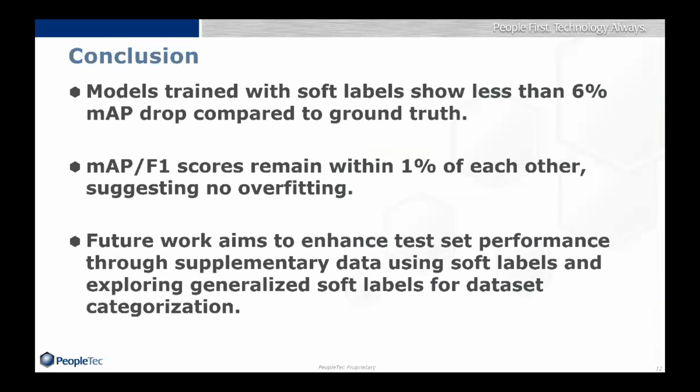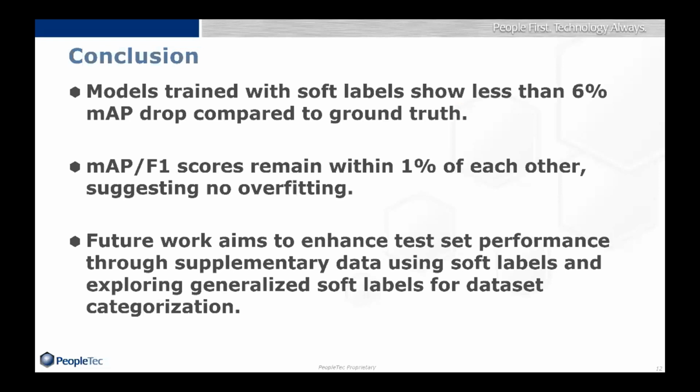So models can be trained exclusively on soft labels with less than a 6% drop in mean average precision as compared to the ground truth on the same data set. We showed that with the xView data set with the YOLOv5 model. Regardless of the confidence threshold used to grade the soft labels, mean average precision and F1 scores remain within 1% of each other.